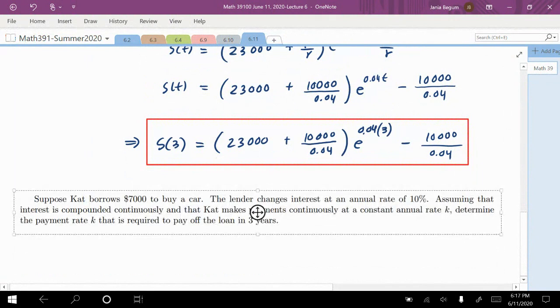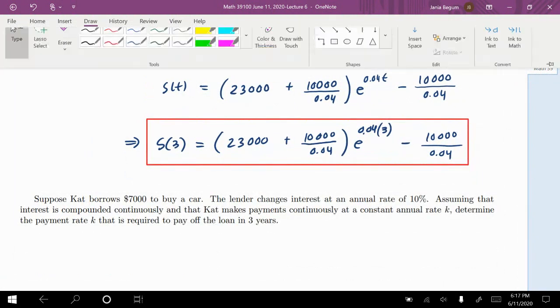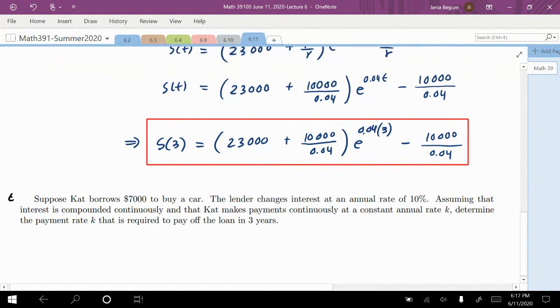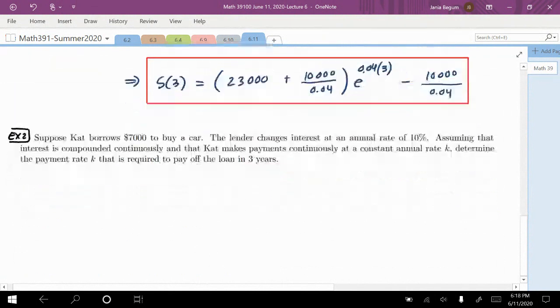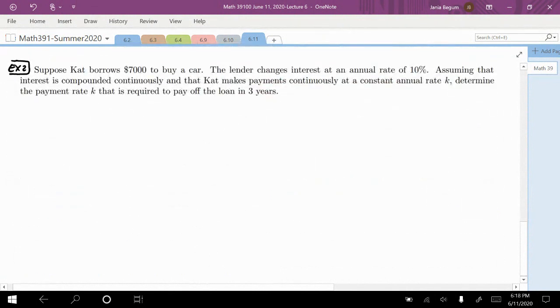If there are no questions, let's work on this problem. This is the one I typed before class. Let's call this example 2. Let's read what's going on. Suppose Kat borrows 7,000 to buy a car. The lender charges interest at an annual rate of 10%.